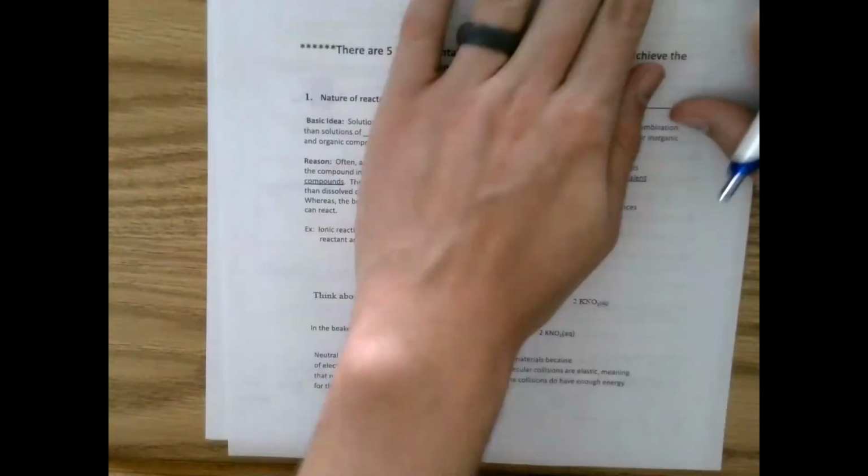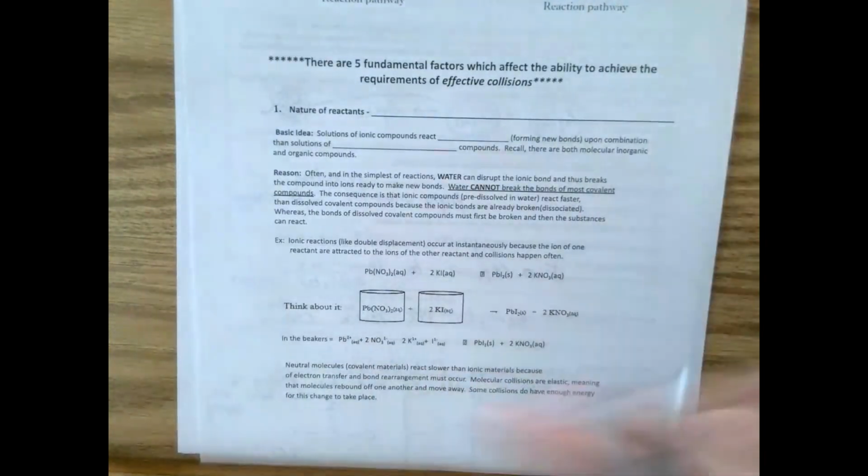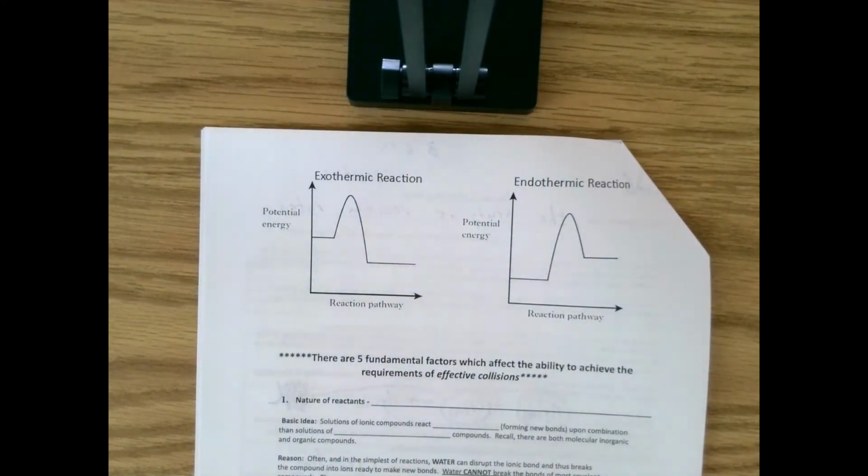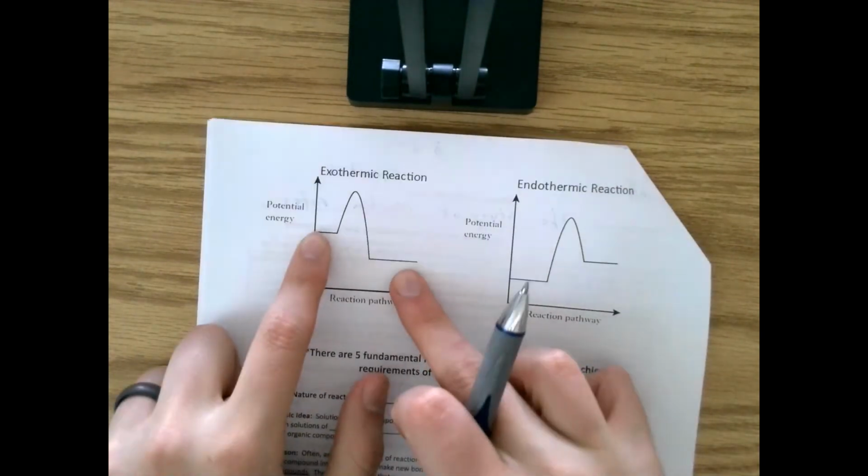Do these look familiar? So if you think back, they were annotated last time. The energy diagrams for endothermic and exothermic reactions. So if I have to label these platforms as products and reactants, which is products?